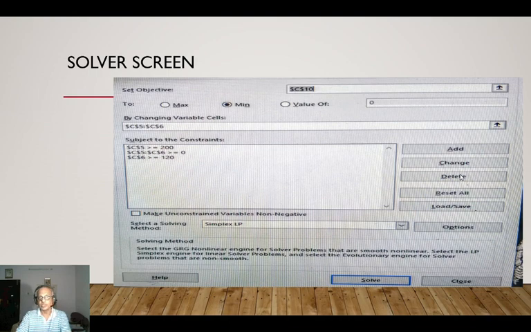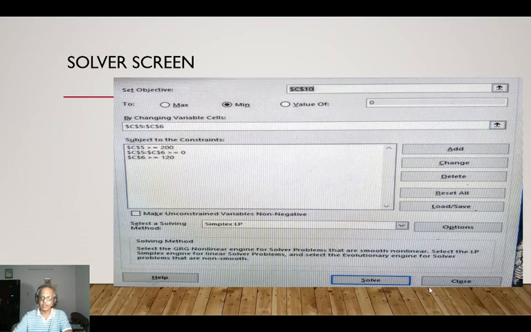If we solve it in Solver, this is the Solver screen. I have put it here for your benefit. This is greater than or equal to 200, so one constraint. The second constraint is greater than or equal to 120, and this is the non-negativity constraint.